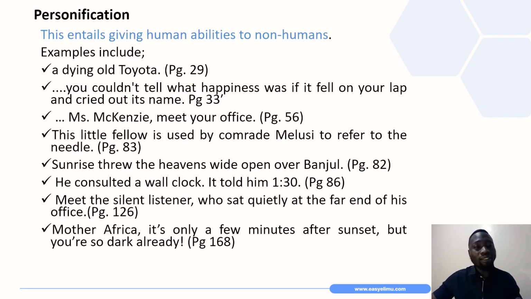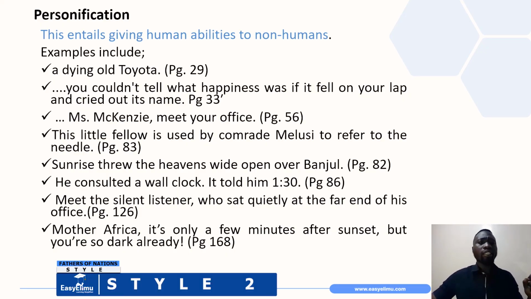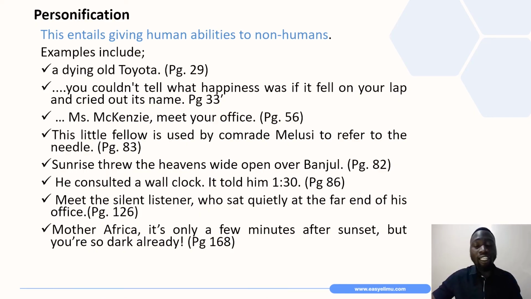So the next style under imagery, dear students, is personification. This entails giving human abilities to non-humans, or some people say it is a way of giving inanimate things, non-living things, the qualities of human beings.